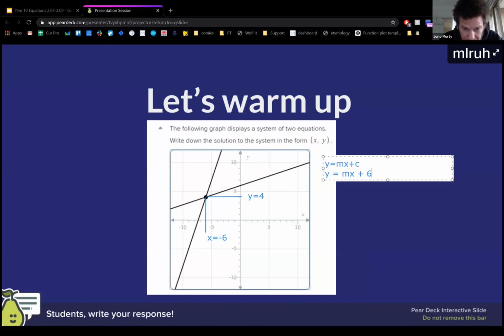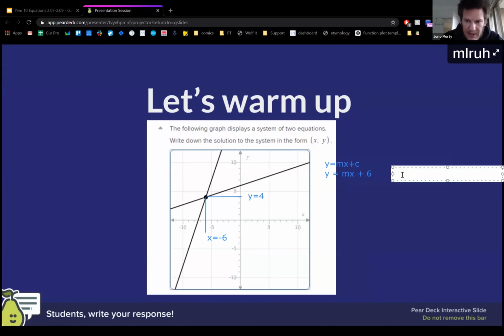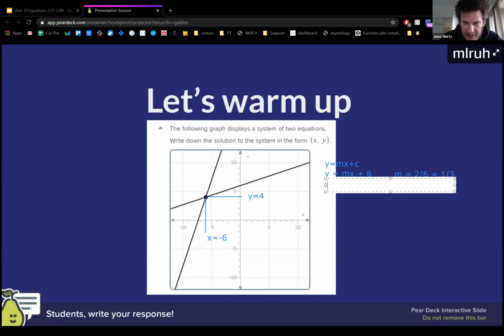And it's gone from this point here, which was at minus 6, 4, and it's gone to 0, 6. So that means m is 2 over 6 equals 1 over 3. So we get a final answer of y equals x on 3 plus 6.